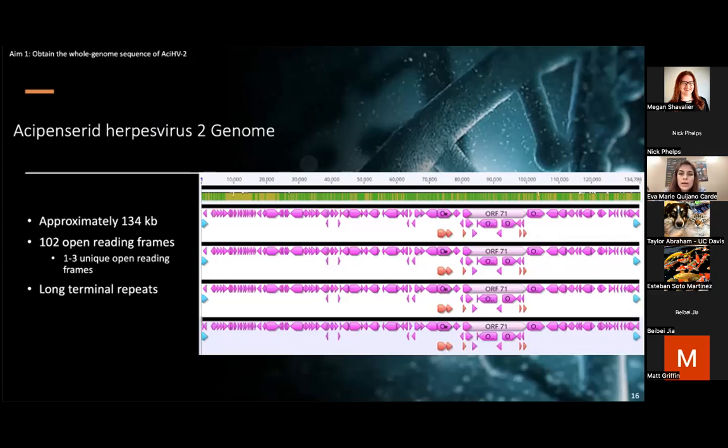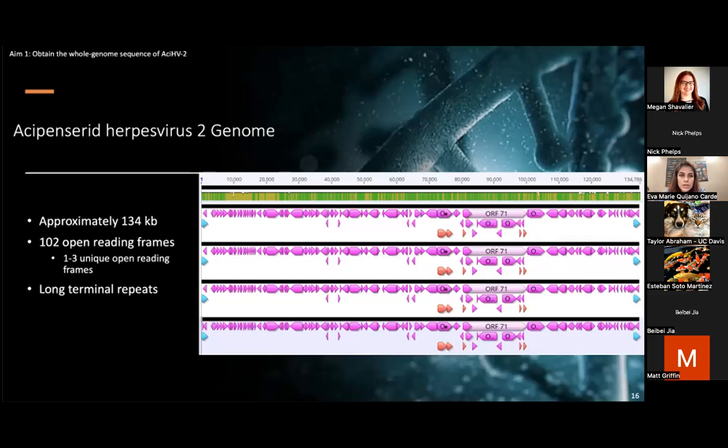Our isolates are approximately 134 kilobases in size, so very similar to ectodermal herpes virus 1, with 102 predicted open reading frames shared among them here in pink. 2 of those predicted open reading frames are the putative terminase and DNA polymerase. They are spliced, and the exons here are in red for you to see.